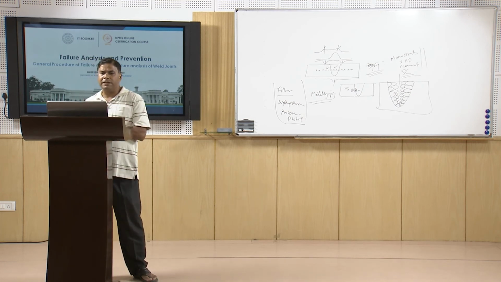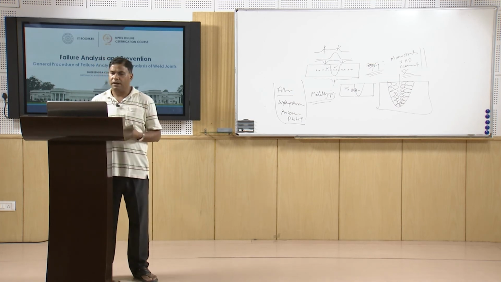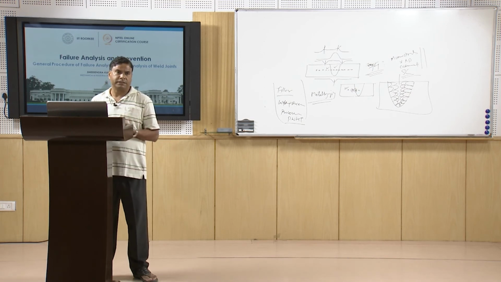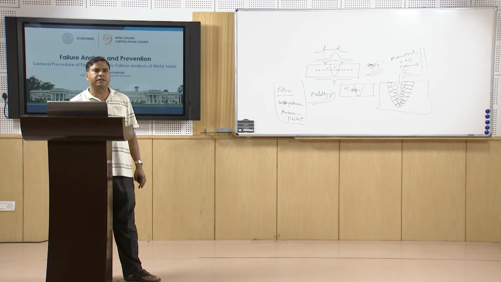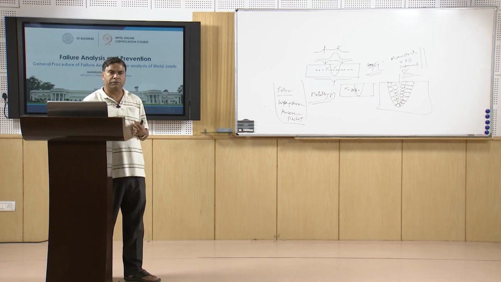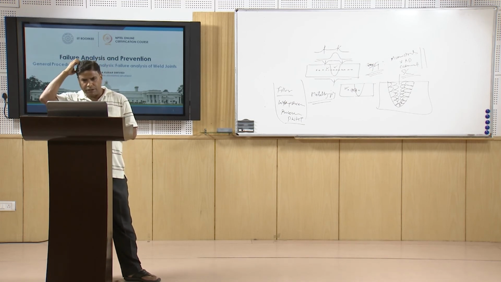The welding parameters will indicate the kind of heat input which would have been supplied, and accordingly it would have developed the properties in the heat affected zone and in the weld metal. The welding process will indicate the cleanliness of the weld and the kind of heat affected zone which will be formed based on the heat input. Then the filler metal, whether it was correct or not, can be easily identified through chemical composition analysis.